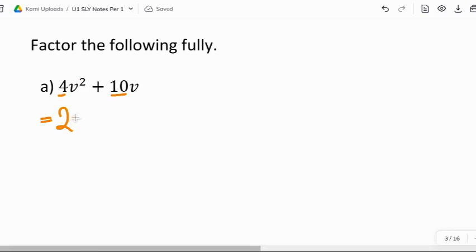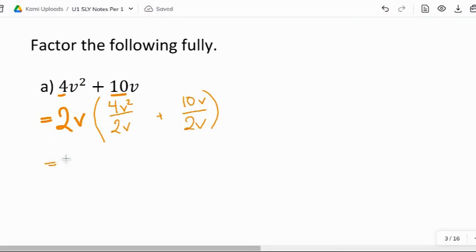V, because that's the lowest exponent. That's the common factor. Okay, now I'll remind you what we do. You do not have to do this step, but this is what I do. I take the expression and I divide each term by the common factor, right? When we are common factoring, we are dividing out the common factor.